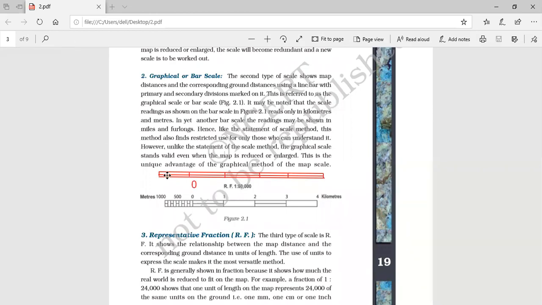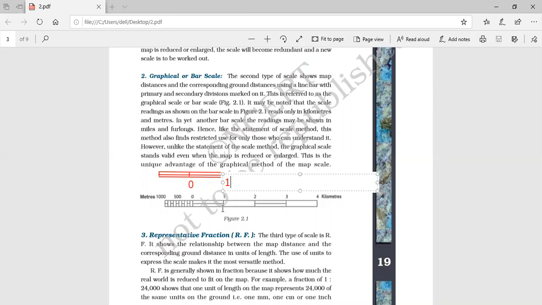Now after 0, let's think this time we are showing only 5 kilometers. So this 15 centimeter line is representing 5 kilometers. So this is 0, then 1 kilometer, 2 kilometer, 3 kilometer, and 4 kilometer, and the next, fifth kilometer is here. So this was 0, then here it is 1 kilometer.